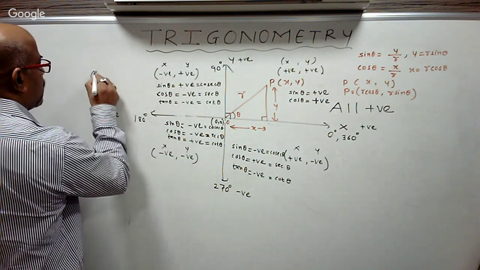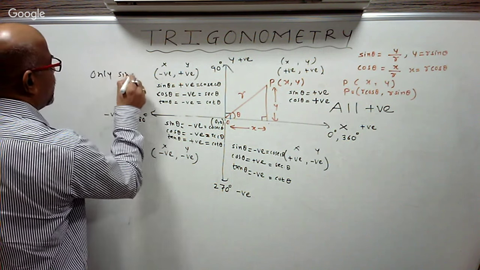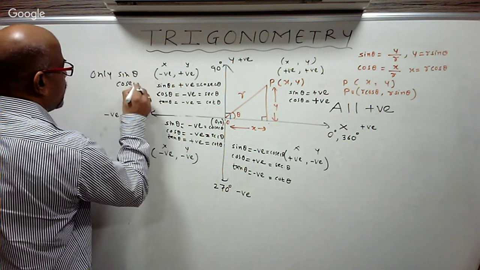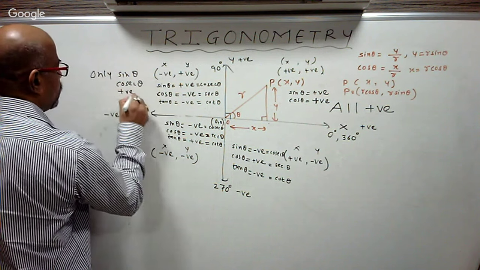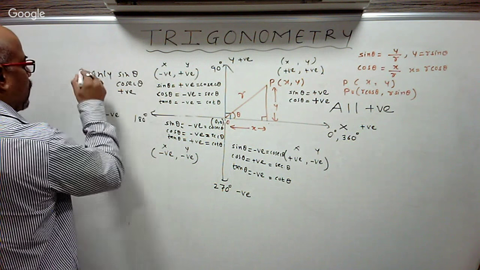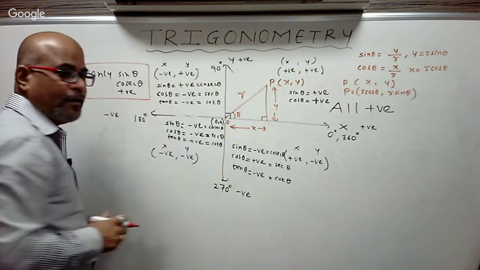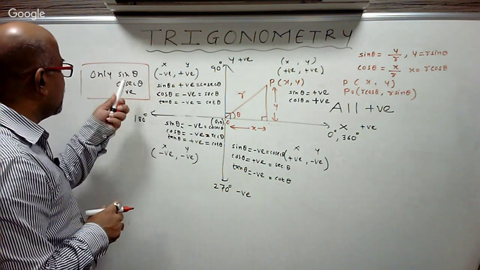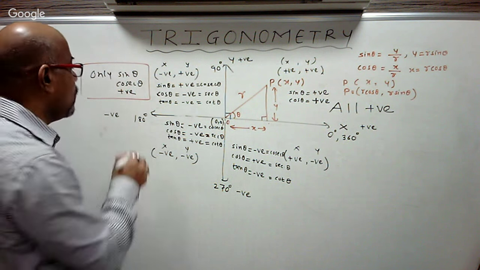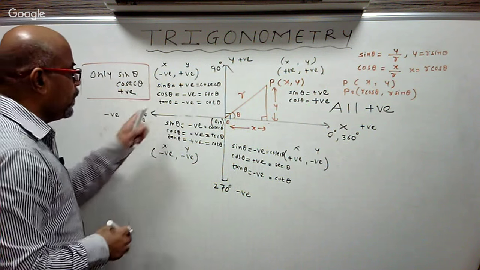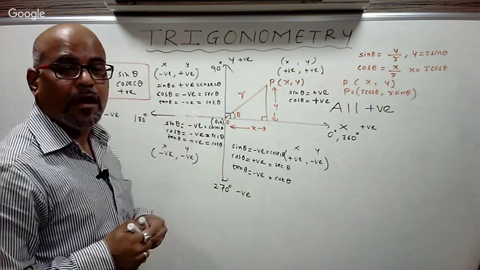Only sine theta and cosec theta are positive, in the second quadrant, that means angles between 90 to 180 degrees. The trigonometric ratios for sine theta and cosec theta are always positive, and the remaining cos, sec, tan and cot are negative.